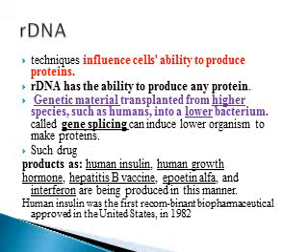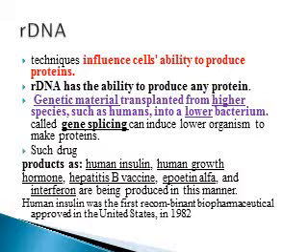Another source of a drug is rDNA, which is what? Recombinant DNA. Recombinant DNA is the technique that has the ability to produce protein. It is genetic material transplanted from the higher species into the lower species.